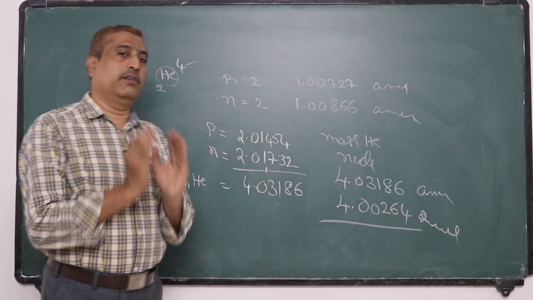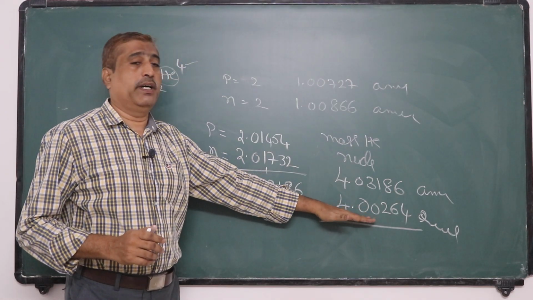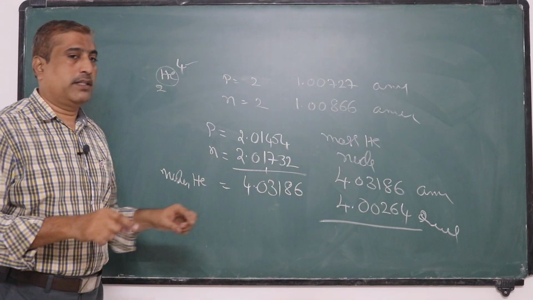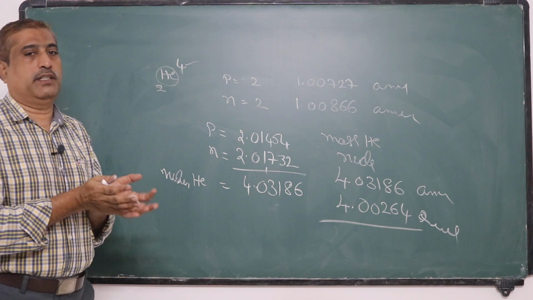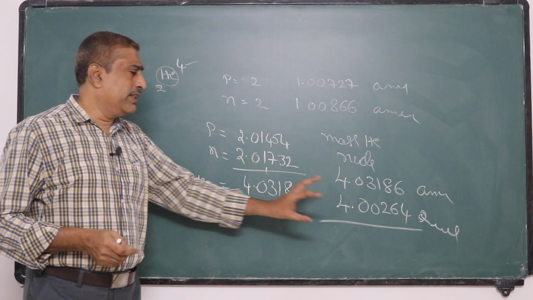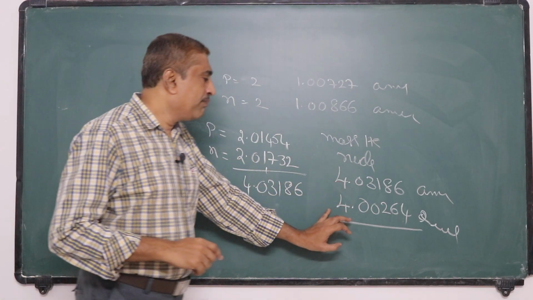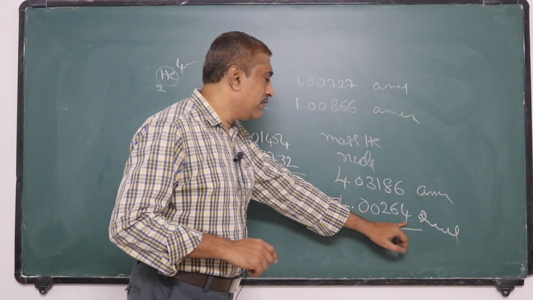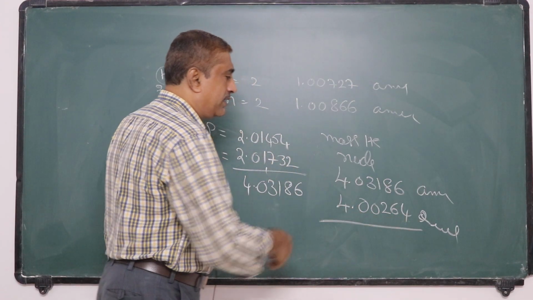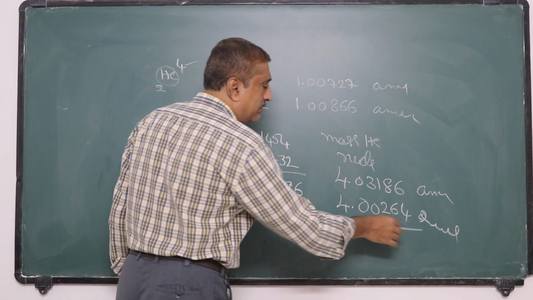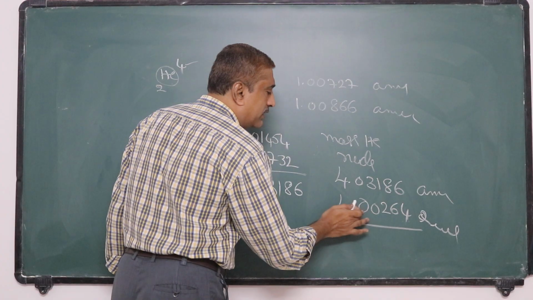The observed mass of the helium nucleus is found by a device called a mass spectrograph. From that instrument we can measure the mass of isotopes, so we can determine the mass of the nucleus by mass spectrograph.